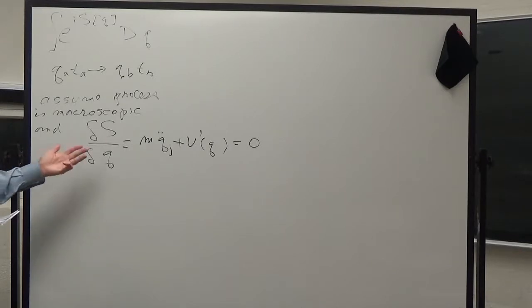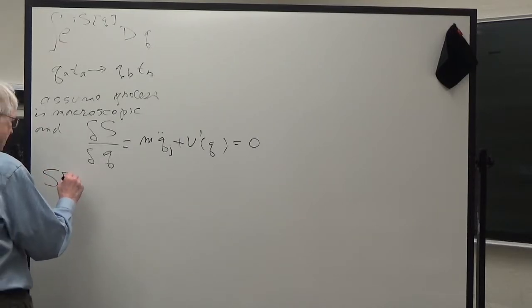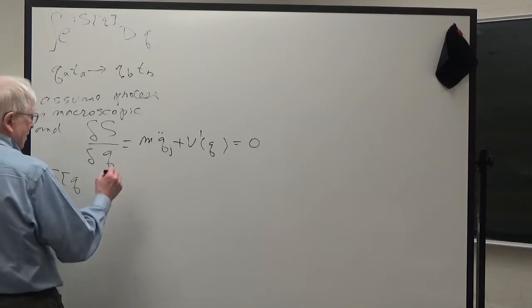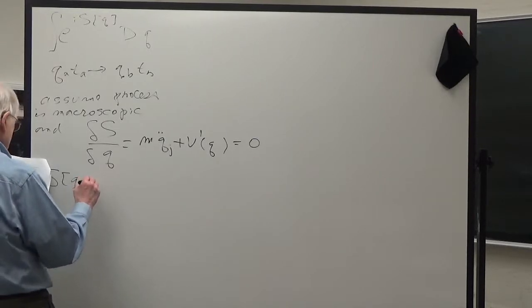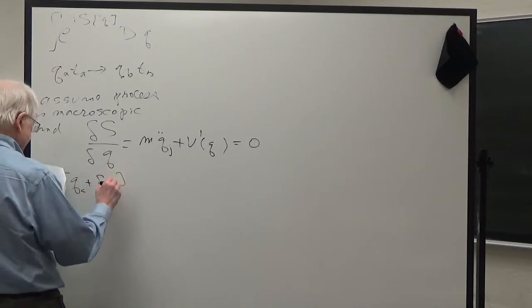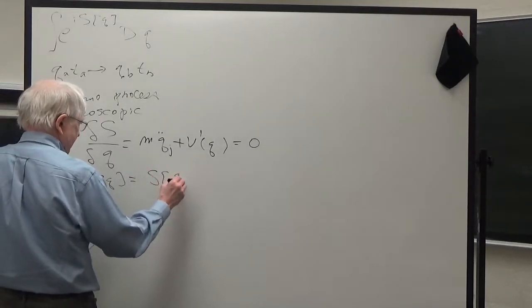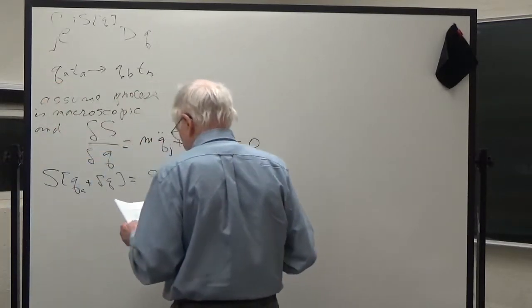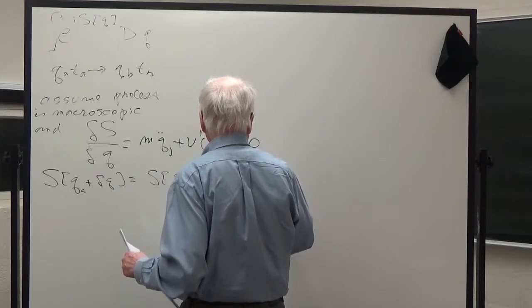Well, if there is such a process, then what we know is that the action S of Q classical plus delta Q is the same thing as S of Q classical plus terms of order delta Q squared.